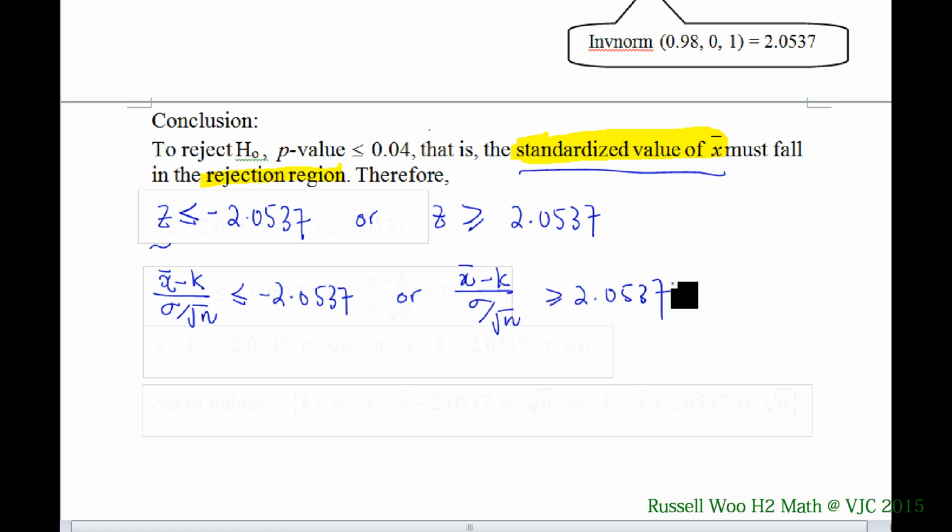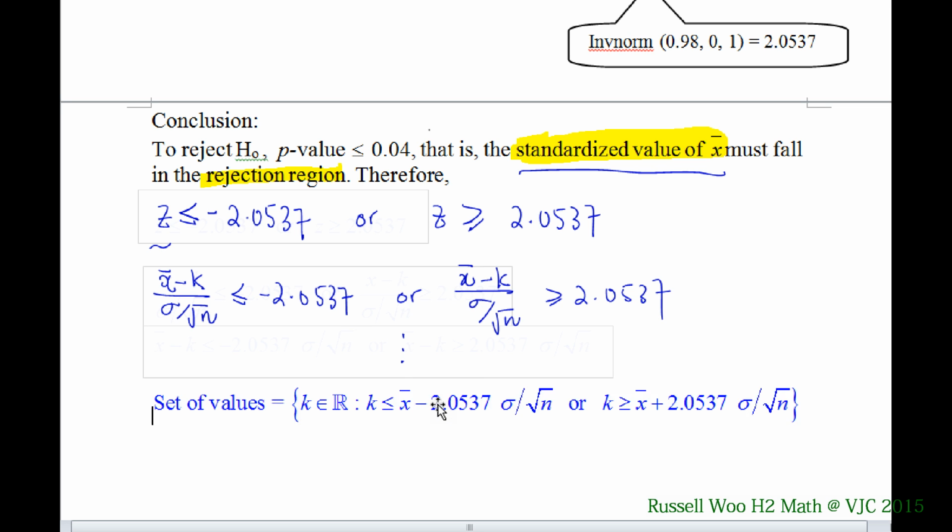So, this is your standardized value of X bar. All you need to do is to manipulate. Due to time constraint, I will just give you the set of values.